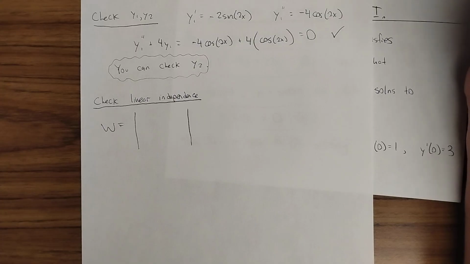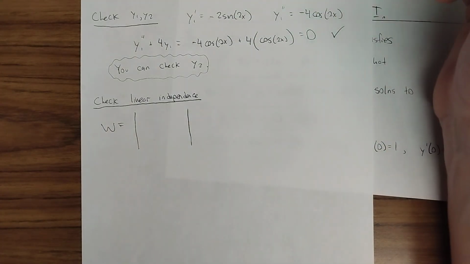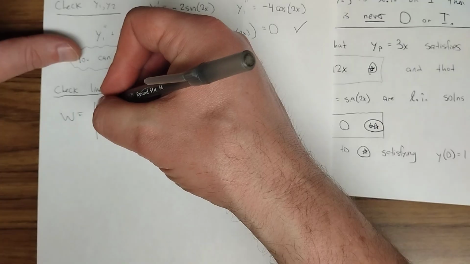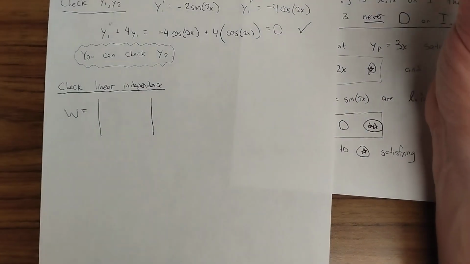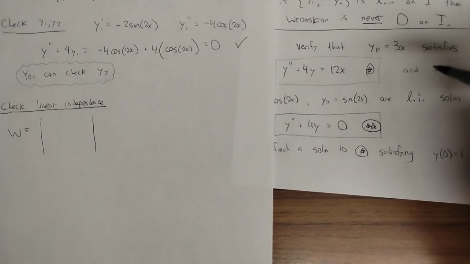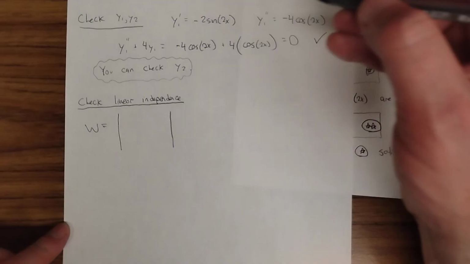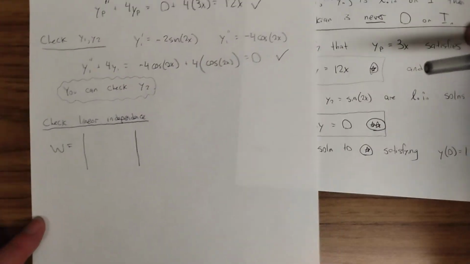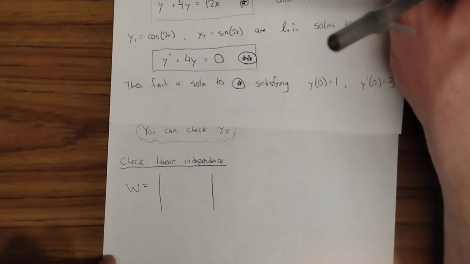This is going to be a 2 by 2 matrix because I've got two functions, y1 and y2. So it's going to be a determinant of a 2 by 2 matrix. And right, so I put my y1 and y2 on the first line. So that is, let's find them. Yeah, they're here.